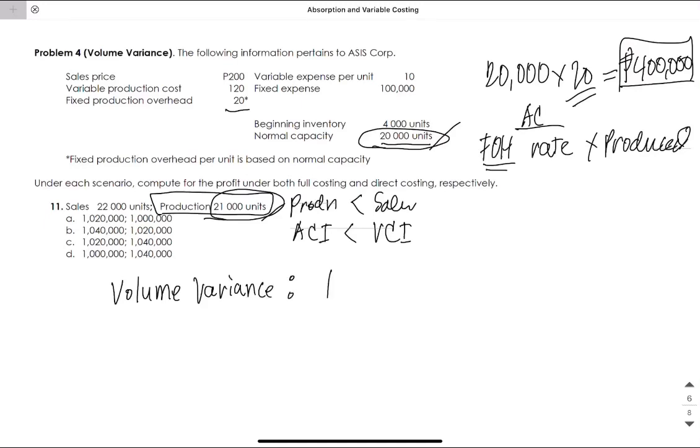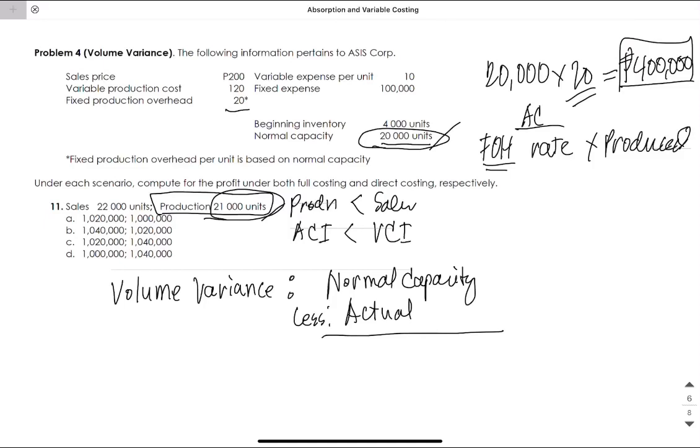Normal capacity less actual production. So we have 20,000 and then 21,000 is our actual, so there is a difference of 1,000 negative.